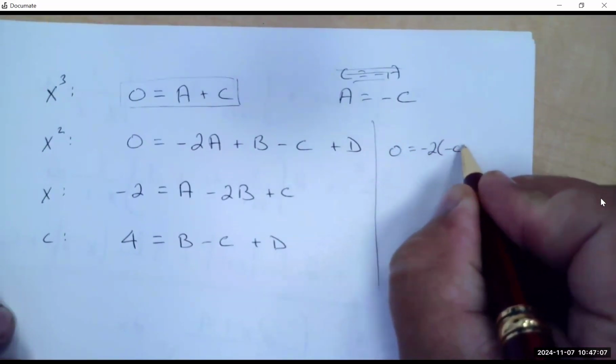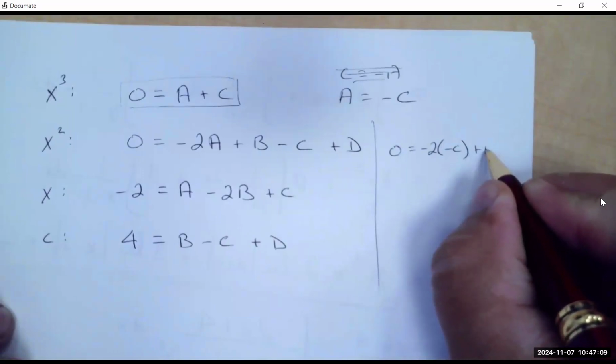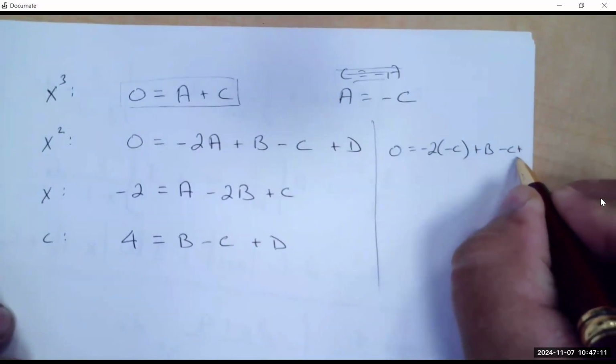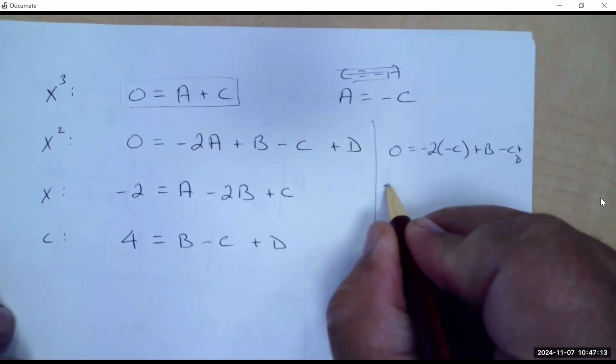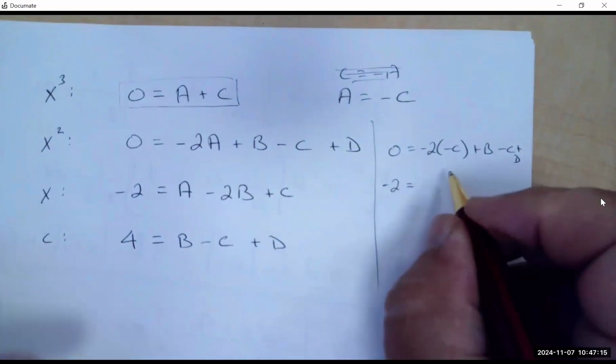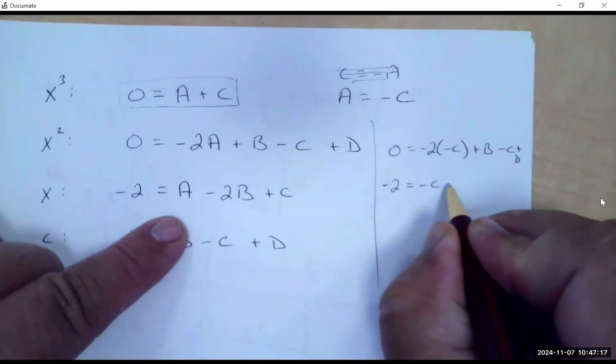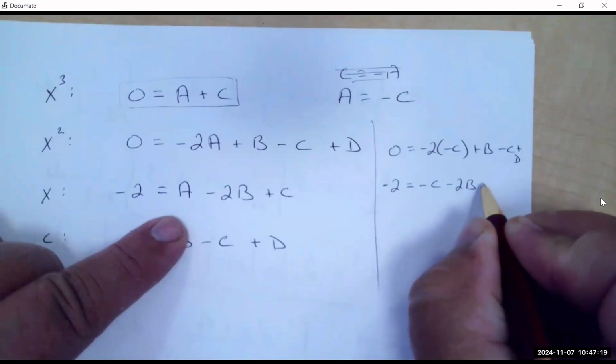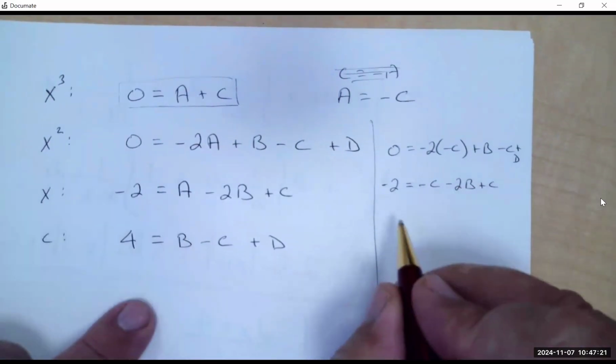Negative 2 times negative c plus b minus c plus d. Negative c minus 2b plus c.